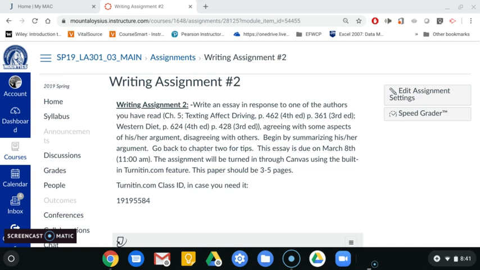Okay, so the next one is Michael Pollan's Escape from the Western Diet. In this essay, which opens the concluding section of In Defense of Food, an Eater's Manifesto, published in 2008, he argued that a focus on single nutrients, what he calls nutritionism, impedes an accurate, comprehensive understanding of healthy eating, and he believed the only solution to Americans' eating problems, he argued, is to stop eating the Western diet.